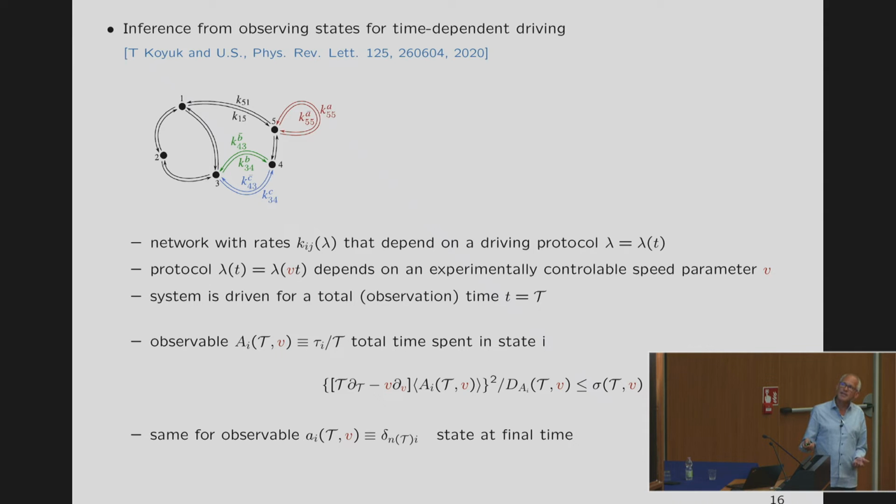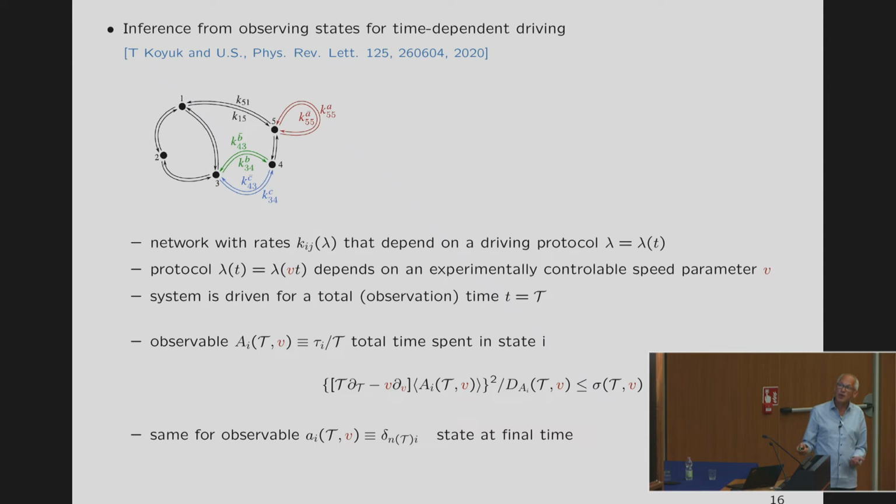And now you can, for instance, look at the total time or fraction of time the system spends in a state I. And the generalization of the previous statement is that if you look at how this mean time changes with the observation time and with the speed with which you change your control parameter, and you measure the dispersion, again in a time-dependent situation, you have this lower bound on the entropy production, which now, of course, depends also on the speed parameter.